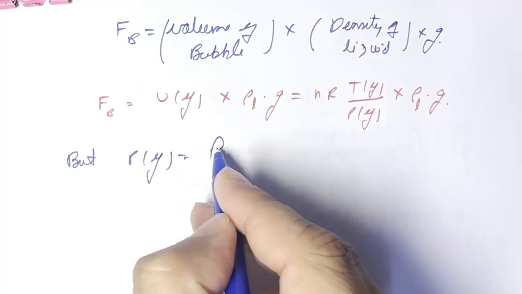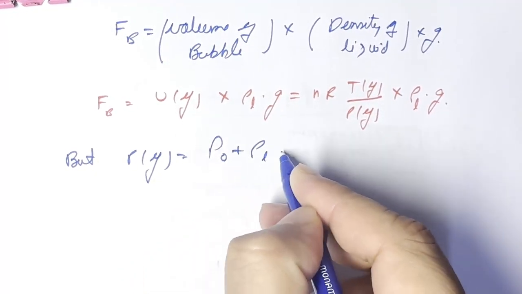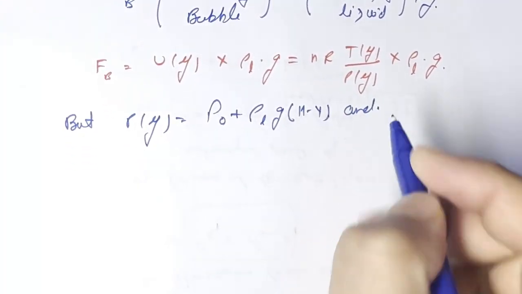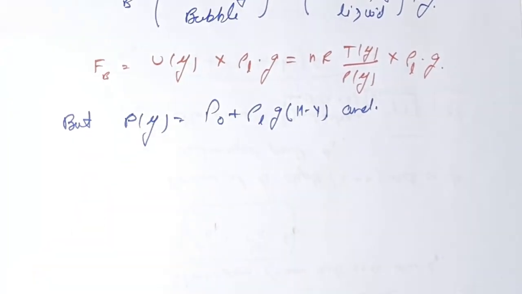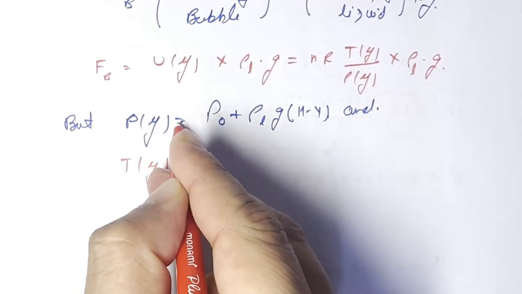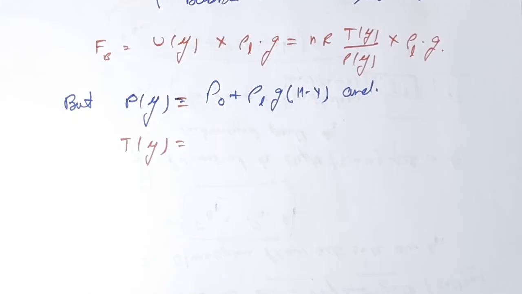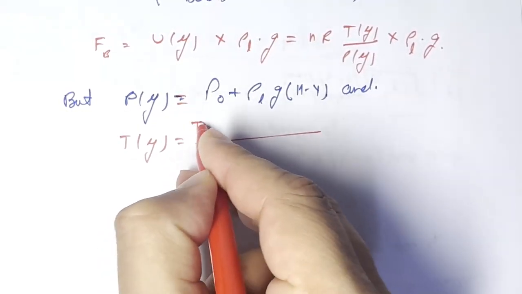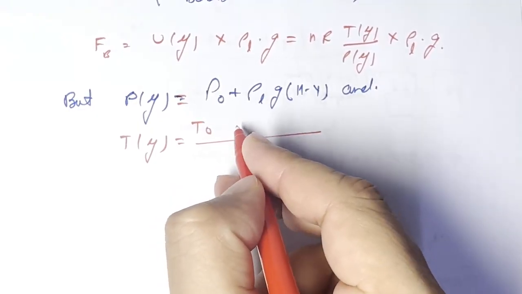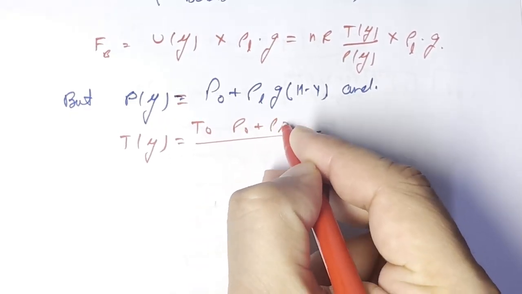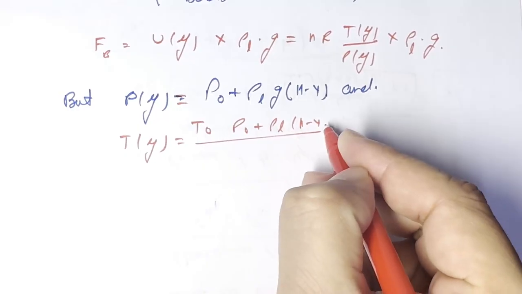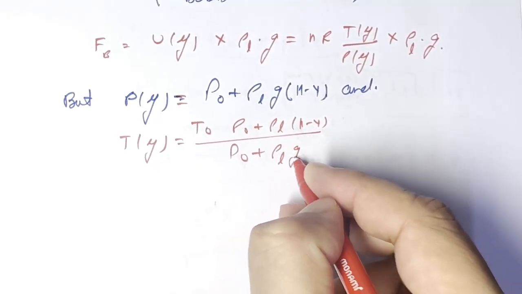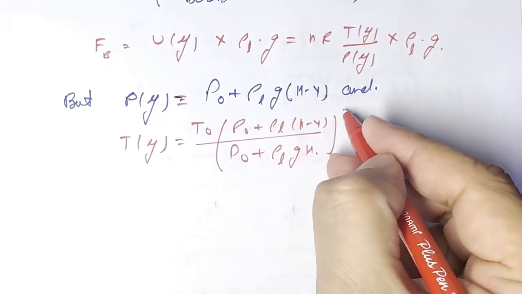P of Y is equal to P naught plus rho L g (H minus Y), and T of Y, that is the temperature at a height Y from the bottom, which we found is T naught times ((P naught plus rho L g (H minus Y)) divided by (P naught plus rho L g H)) whole raised to the power 2 by 5.